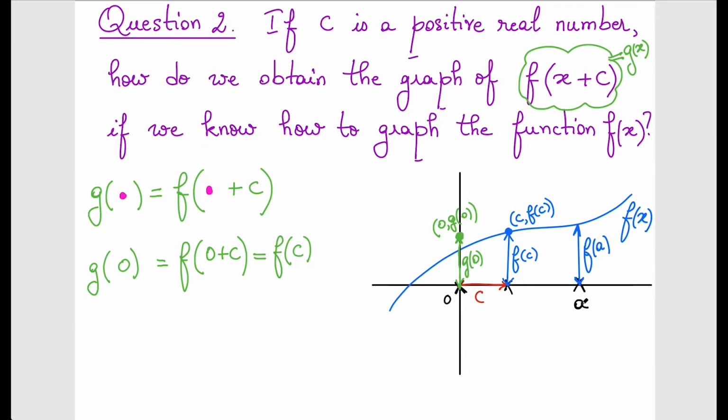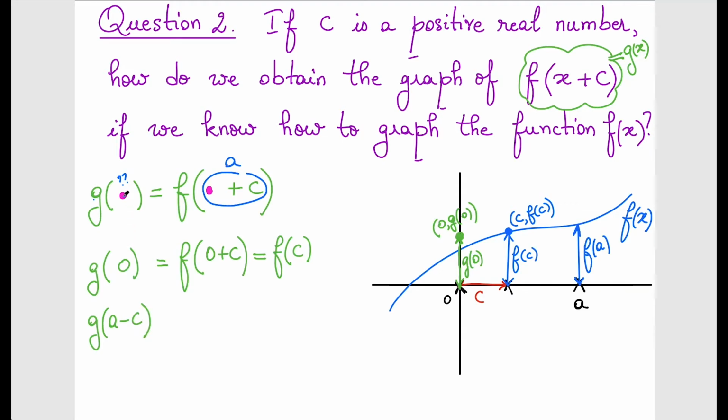Okay, so what should I plug in here so that I get here f of A? That's my question. At what moment did g produce as an output what f produced at the time A? Well, it suffices to replace the bullet by a minus c, right? Let's try it. What's g of a minus c?